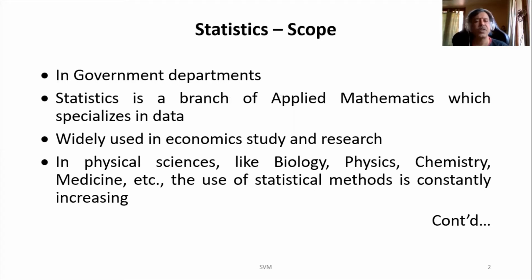And in economics, of course, time series, index numbers, all these things are used, even regression is used in economics. In physical sciences also, for any specifications you want to arrive at or any comparison you want to do, like in sciences like biology, physics, chemistry, medicine, you definitely use statistics. Knowingly or unknowingly, these things are happening.